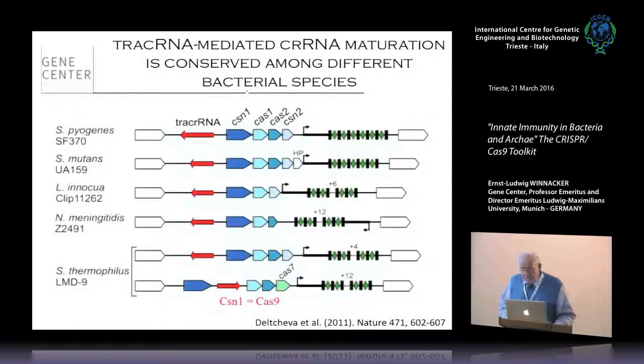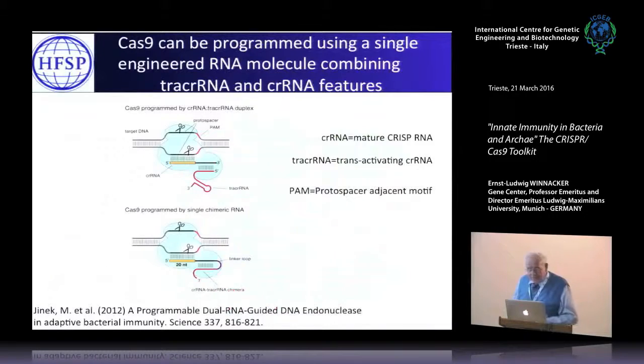Now, in order to look at this in a schematic way, that was a crucial paper which discovered that in type 2 you have these two RNAs to do the job. Then she got together with, then they had a joint postdoc, Martin Jinek, who's now an assistant professor in Zurich.